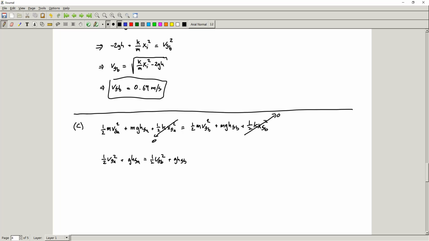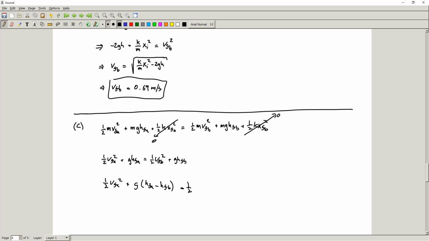And so, what are we interested in? We're interested in finding the velocity at the point B here. So let's isolate that. We're going to start off by moving this term over. So we have 1/2 vFA squared plus, I'm going to factor out a G, we're going to have HFA minus HFB here.